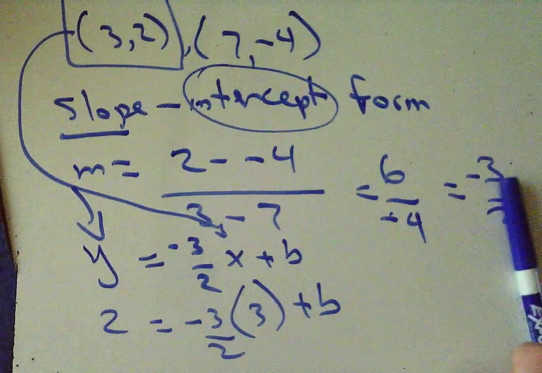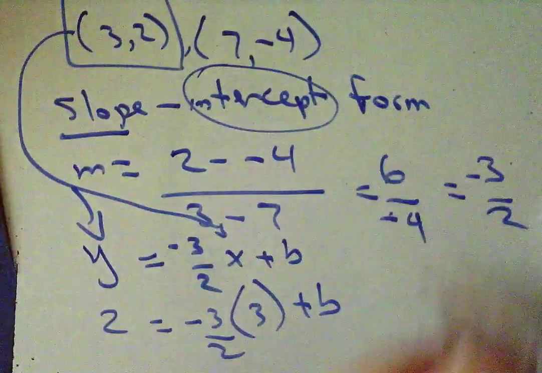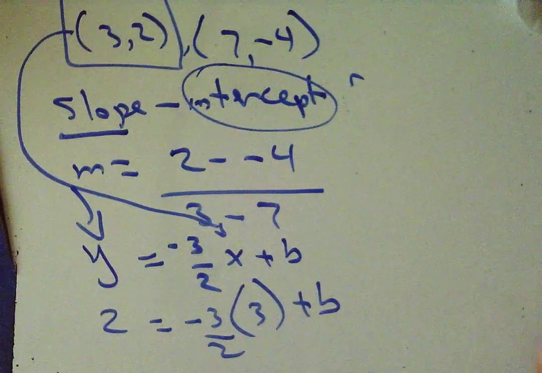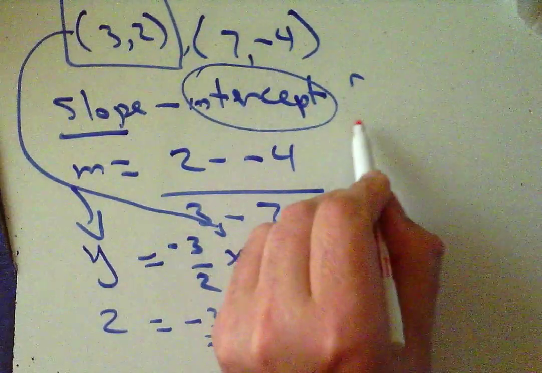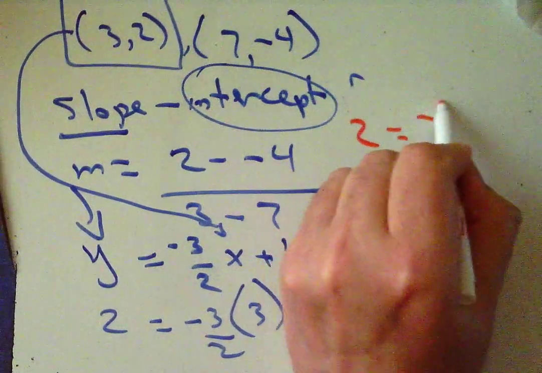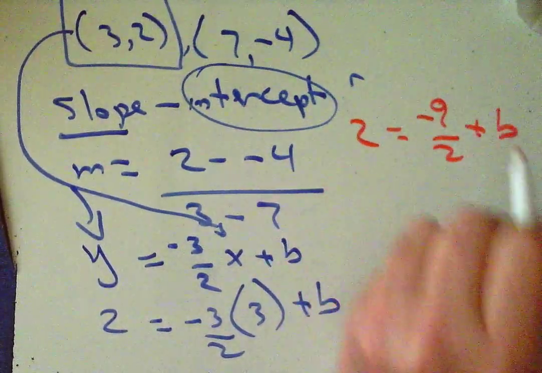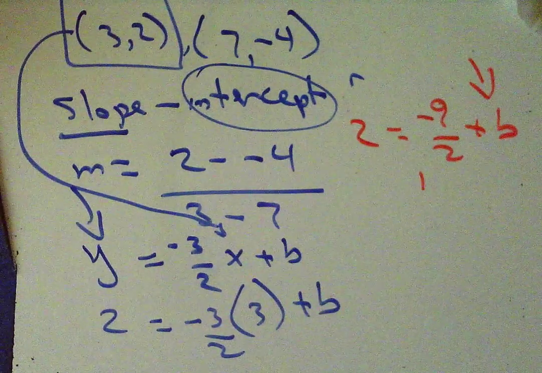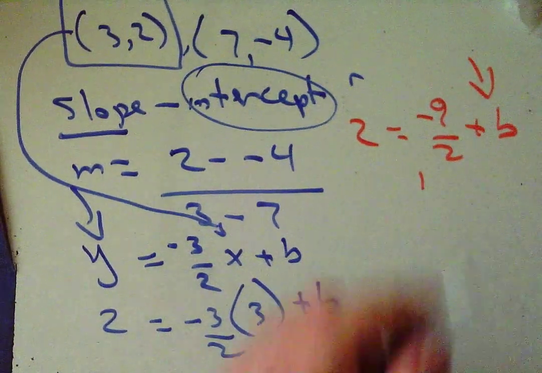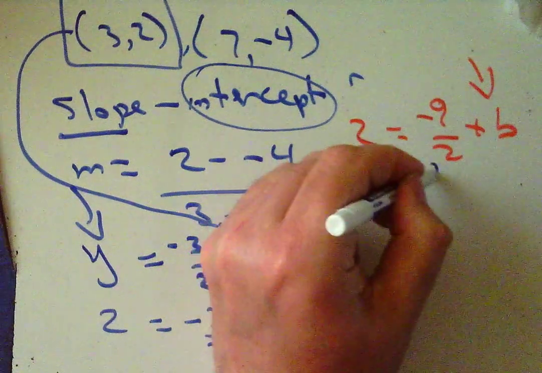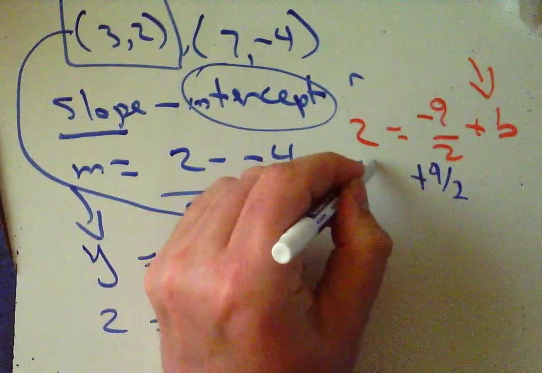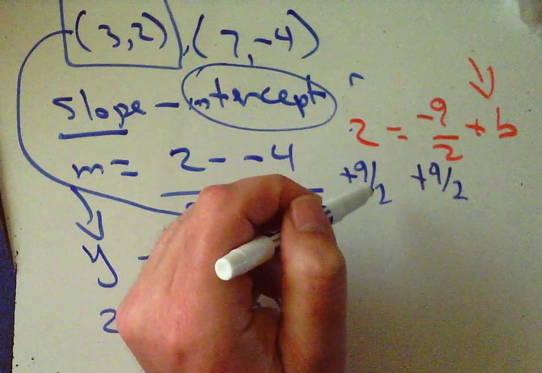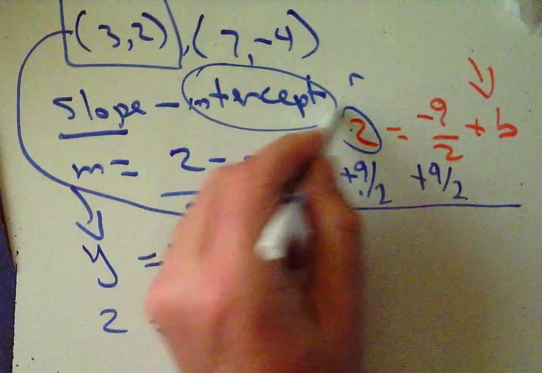Okay, well, I can certainly determine that 2 equals negative 9/2 plus b, but I'm trying to solve for b. So I had better add that 9/2 to both sides. Now, in order to add a fraction to something that's not a fraction, I'm going to need a common denominator.